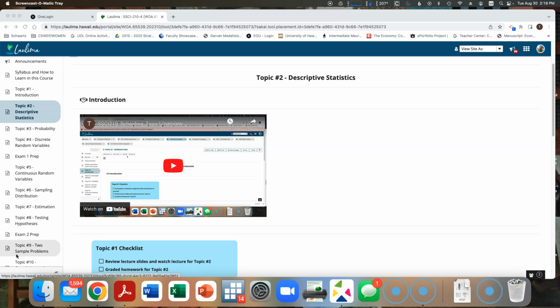And then after we have an idea of the center, within this chapter we're going to look at the variability of data around that mean or that median, because that's going to give us a good idea of not only where the center of the data is, but how far spread out from that center the rest of the measurements are.